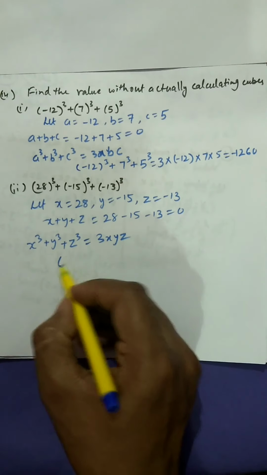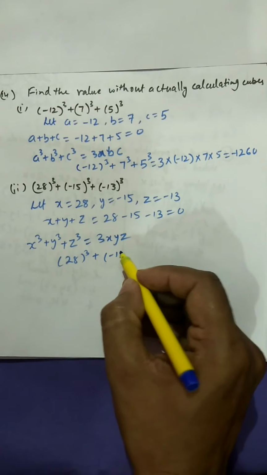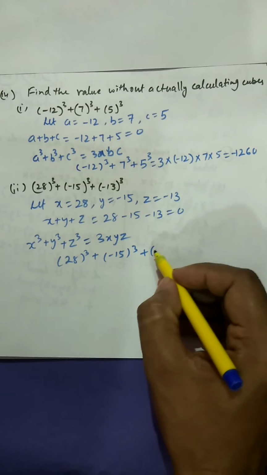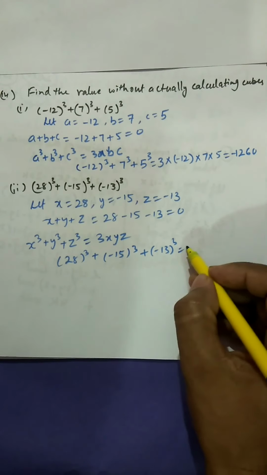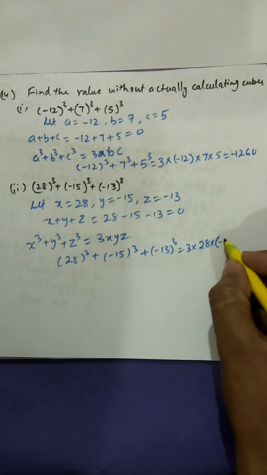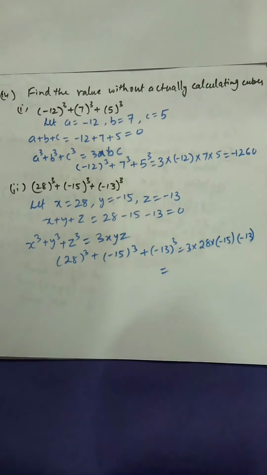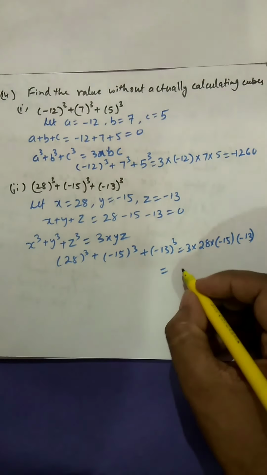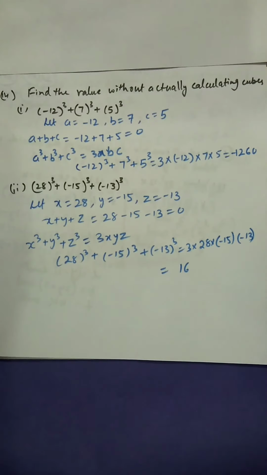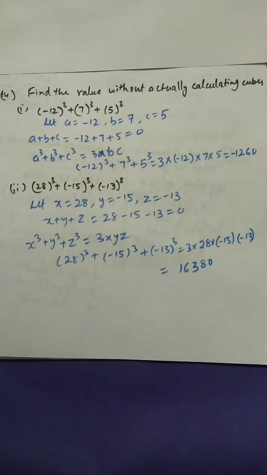So you can write that 28 cube plus minus 15 cube minus 13 cube will be equal to 3 into 28 into minus 15 into minus 13. So that your answer is going to be, this minus minus plus, 16380. So this way you can use this result that we did in question number 13, and this is very important result.